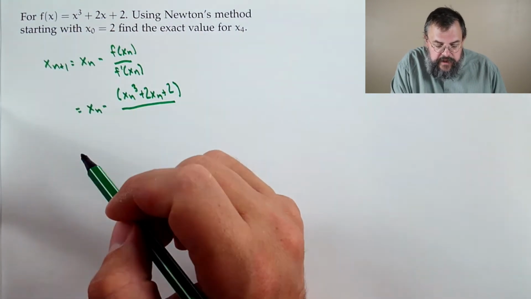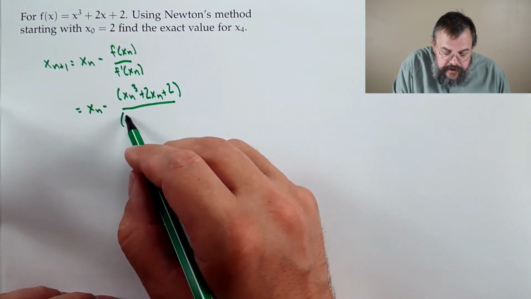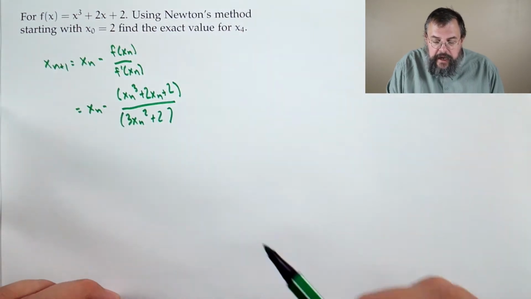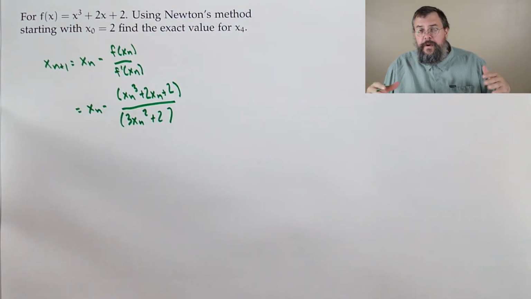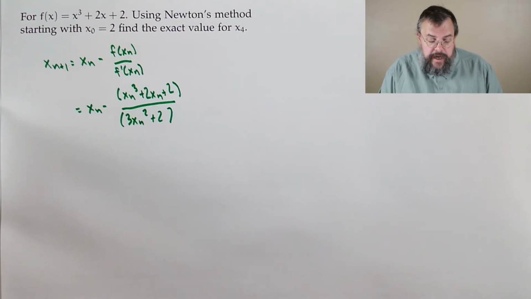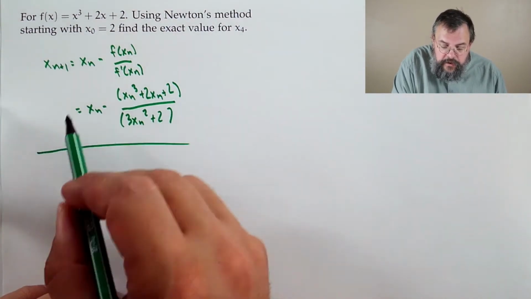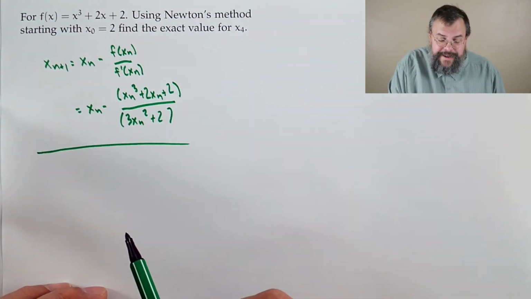The derivative of x cubed is 3x squared, so that would be 3xn squared, and then plus 2. Now I've always been simplifying, but just for this one we won't simplify, just so you can see it doesn't really matter. All right, now the rule is ready to go.